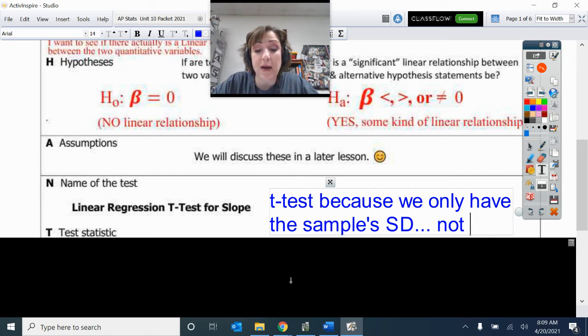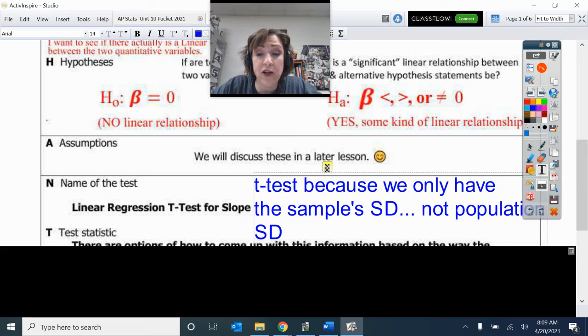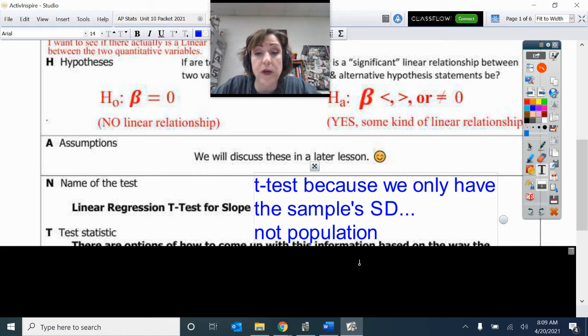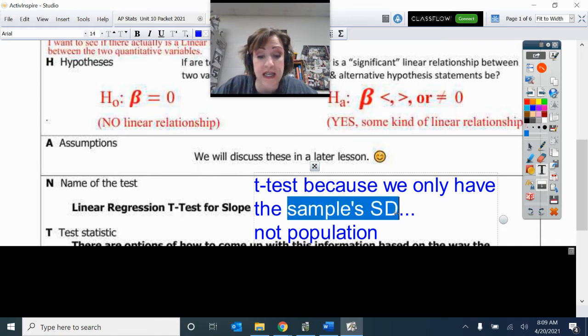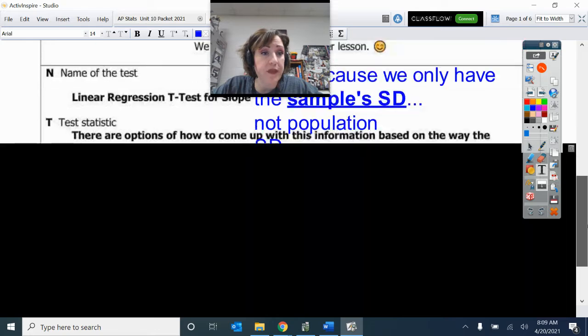Not the population standard deviation. Okay, so same thing here. We don't have the population standard deviation for the slopes, so we use a t-test because we only have the sample's standard deviation. Okay, so now let's move on.